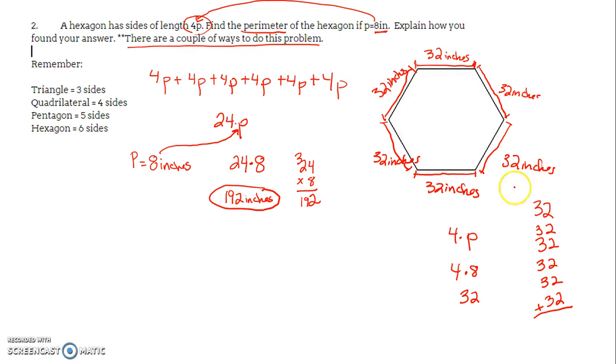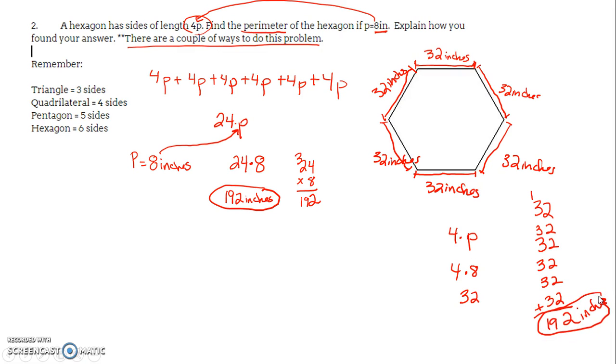Or you simply add up all your 32s. 2 and 2 is 4, and 2 more is 6, 8, 10, and 2 more is 12. Put down a 2, carry a 1. 3 plus 1 is 4, and 3 more is 7, 10, 13, 16, 19. 192 inches.